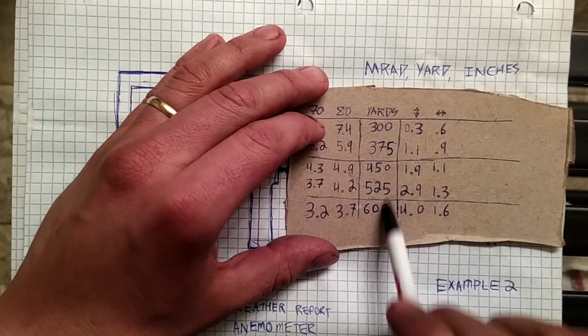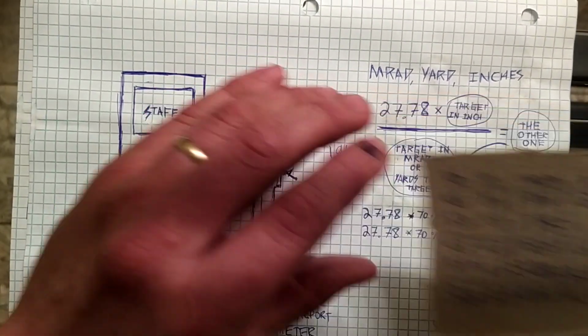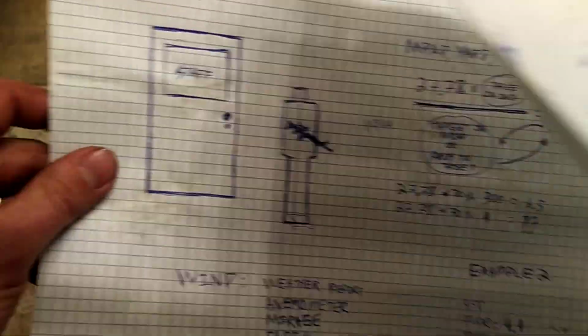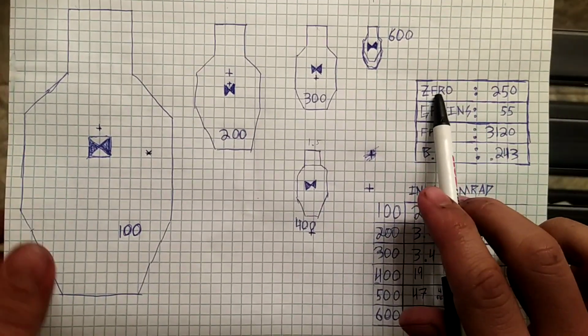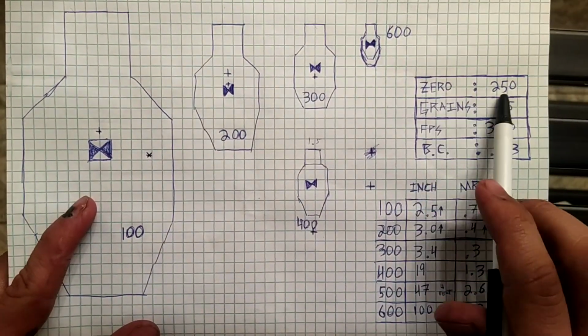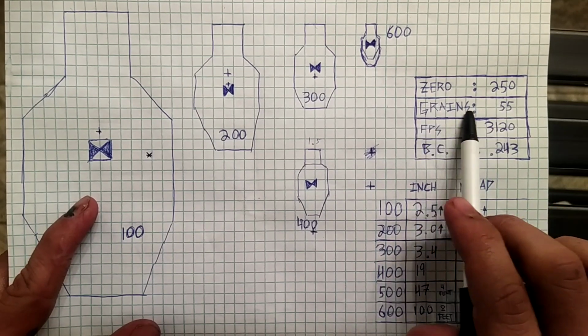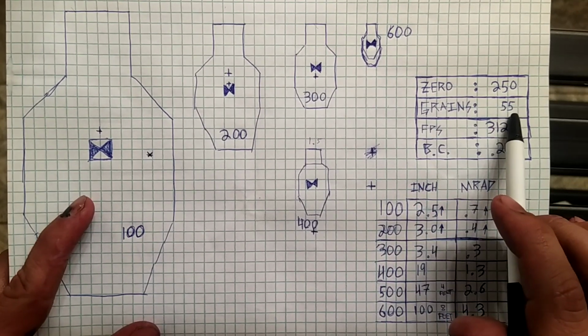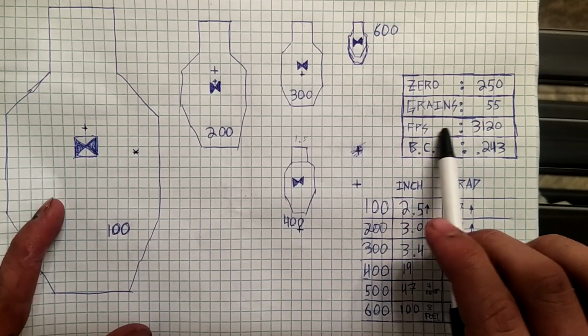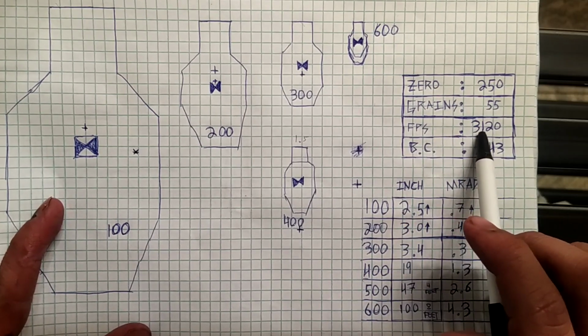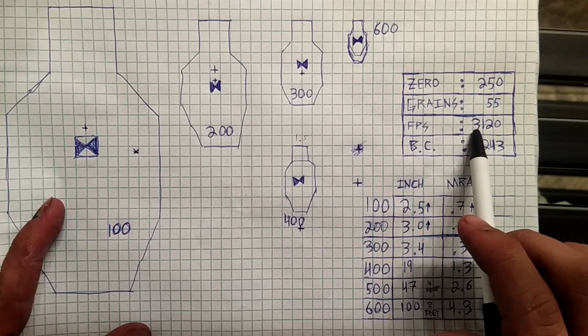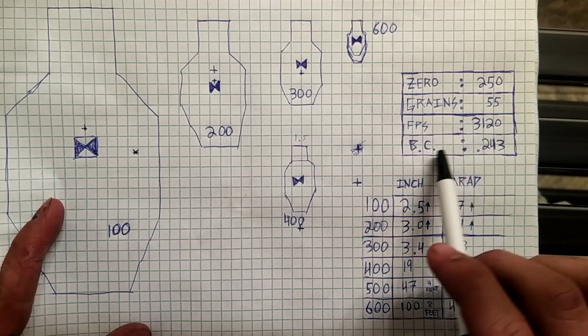I just picked these, and these numbers came from a ballistic calculator. The ballistic calculator is going to ask you these questions. It needs to know your zero. I zeroed this gun at 250 yards. It needs to know the weight of your bullet in grains. That's 55 grain. How fast is the bullet going? Just look on the box and take off 5%. In this case, it's going 3,120 feet per second.